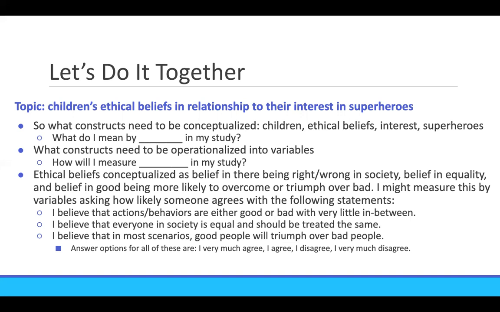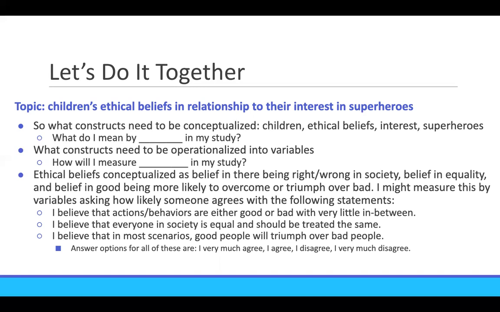So the example that I'm giving here is ethical beliefs. In my study, it is conceptualized as the belief in there being right and wrong in society, that there should be equality, and that good is more likely to overcome or triumph over bad. That's how I'm conceptualizing ethical beliefs. And of course, in a perfect world, I would have done some research and study, and I would have asked, how do other people conceptualize ethical beliefs?